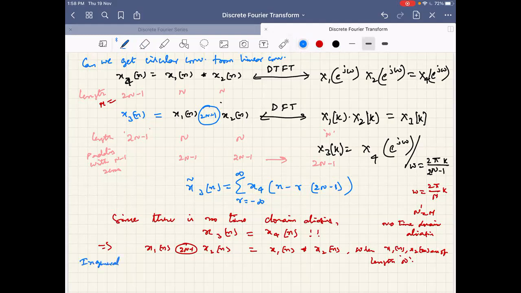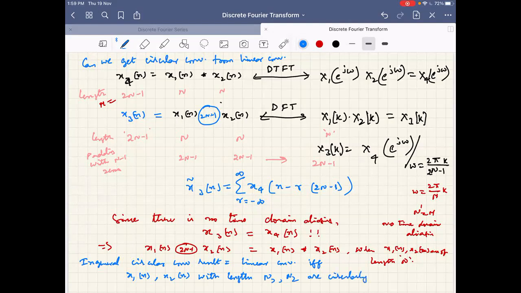In general, the circular convolution result is equal to the linear convolution if we avoid time domain aliasing, that is, if x1 of n and x2 of n with lengths n1 and n2 are circularly convolved at n1 plus n2 minus 1 points, because there will not be any time domain aliasing.